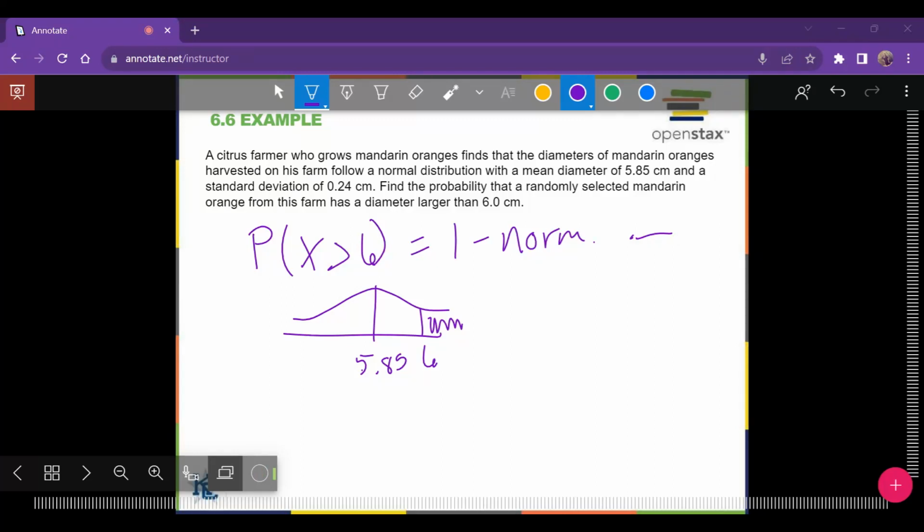We're going to do equals 1 minus normal distribution, where we're looking at 6, our mean is 5.85, and our standard deviation is 0.24, and always true. And so we get 0.2743 for the probability there.